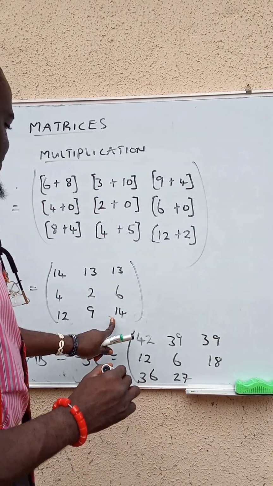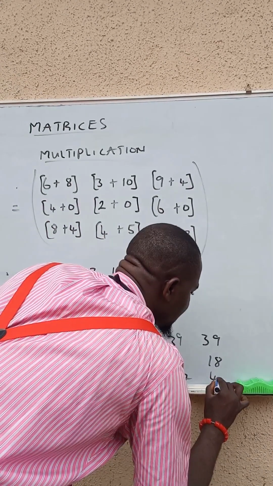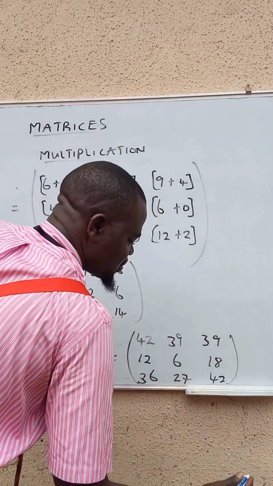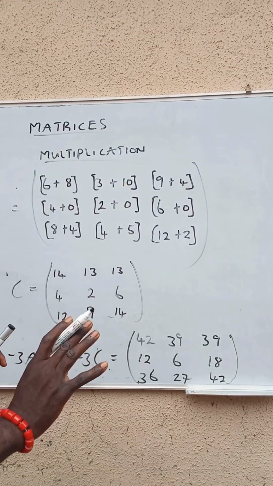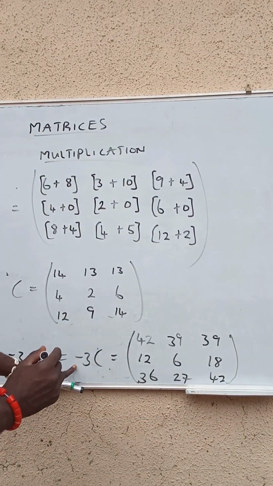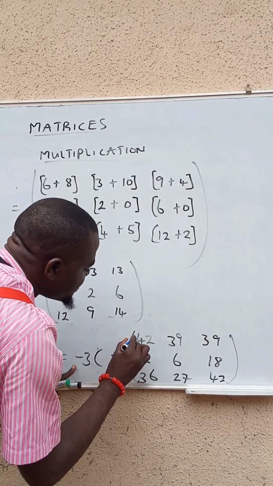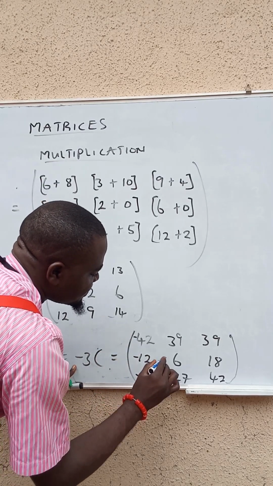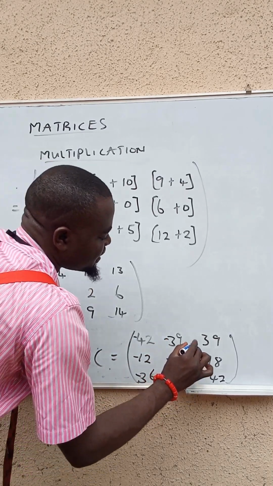Then 3 times 14 is 42. Now listen. You are not done, right? They say minus. So there must be minus, because the minus will affect everything.